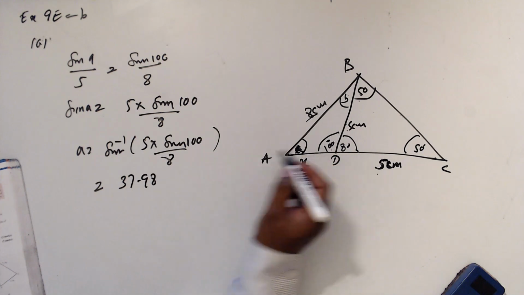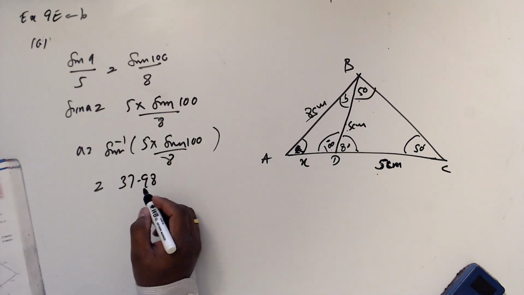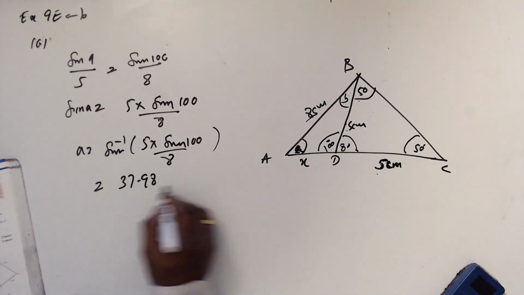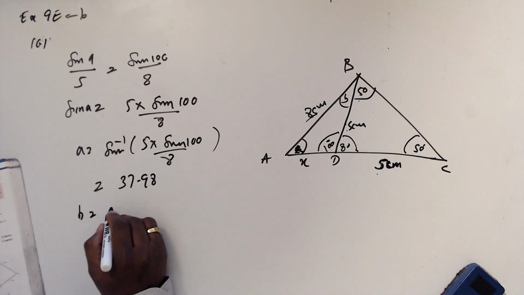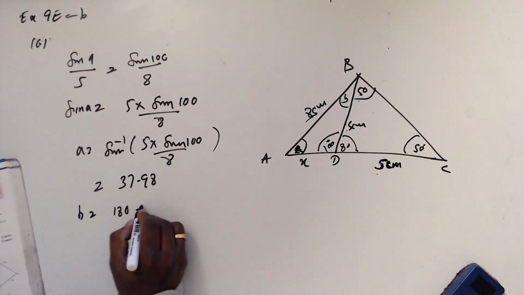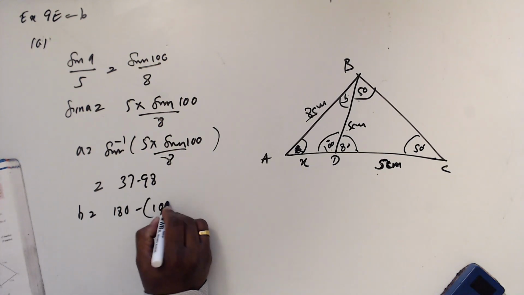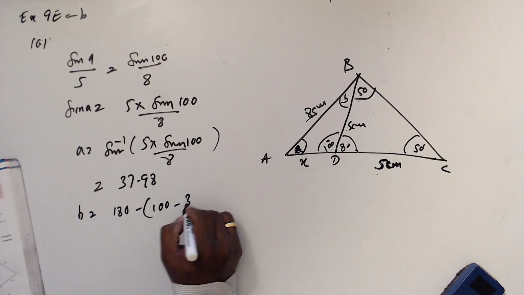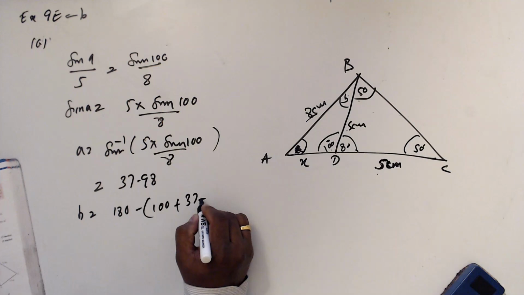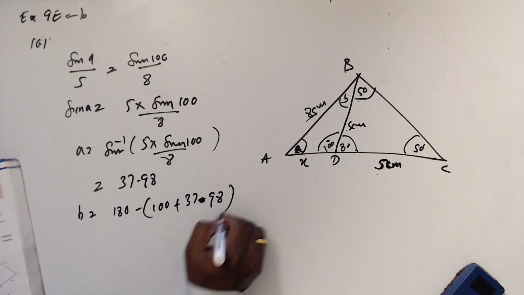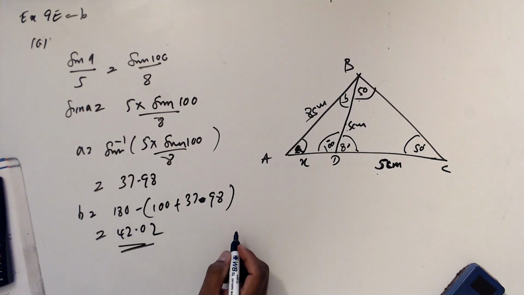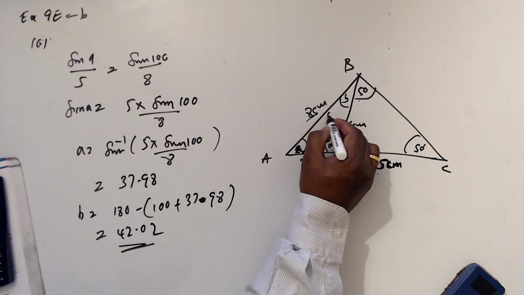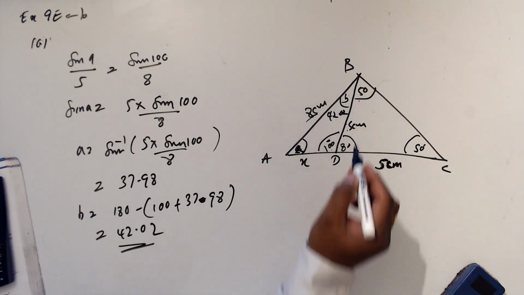So this is okay. I will take 37.98. Then B equals 180 minus 100 minus 37.98, which is 42.0002. So this is going to be 42.02.